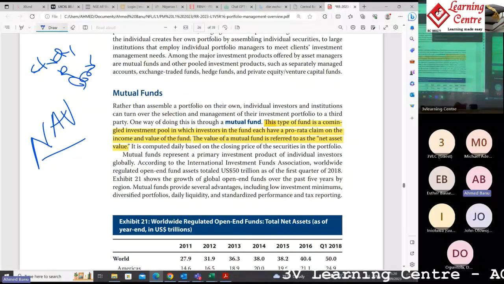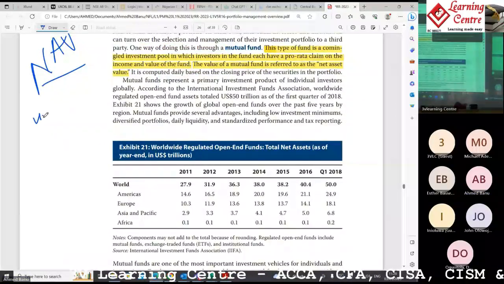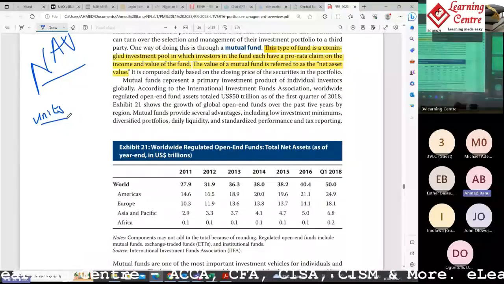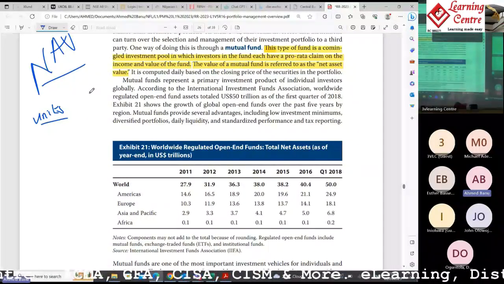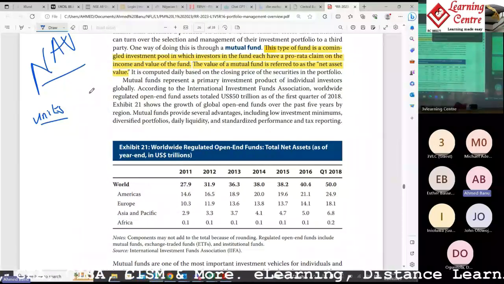Now, how do mutual funds work? Let's talk about how mutual funds work. So there's something we call units. Every mutual fund has an evidence that you have made investments, which is what we call units.